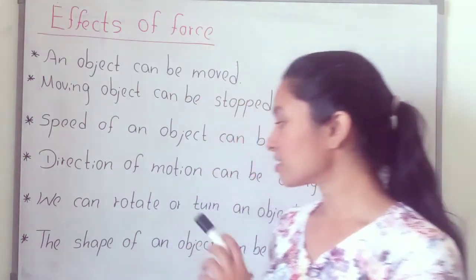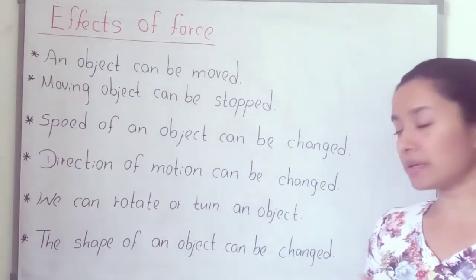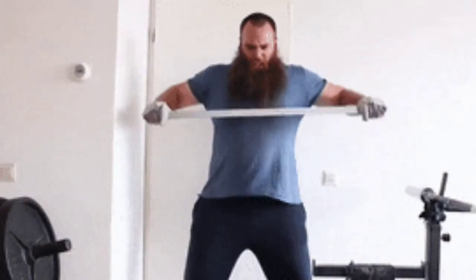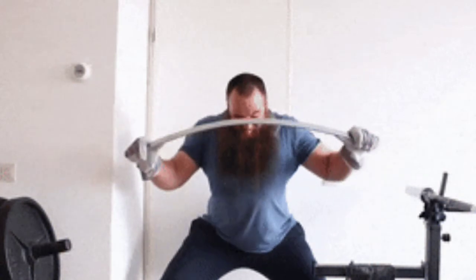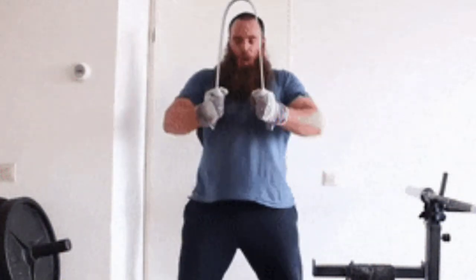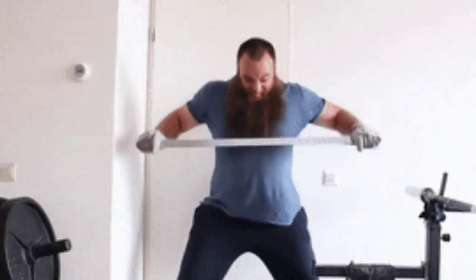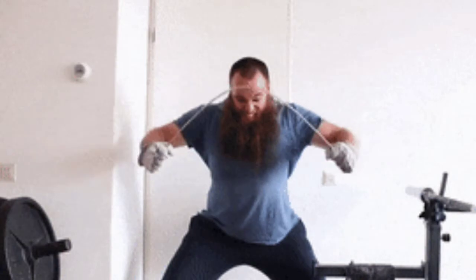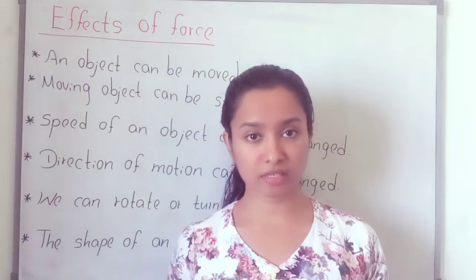And last one, the shape of an object can be changed. You have seen in various displays, some people bend iron bars by applying more force to them, so that the shape of the iron bar changes.